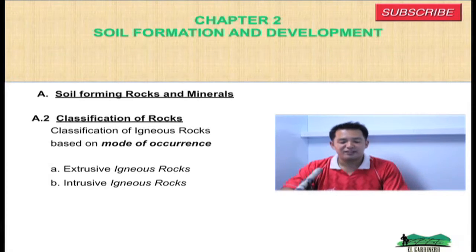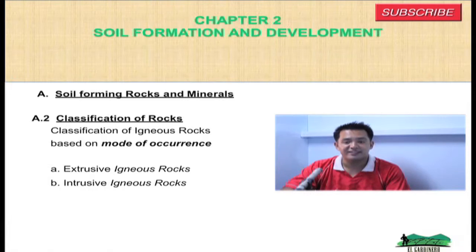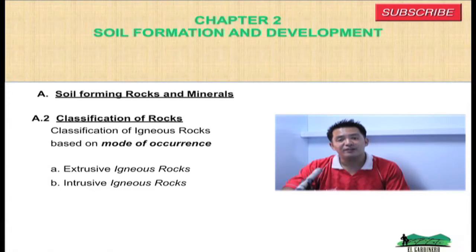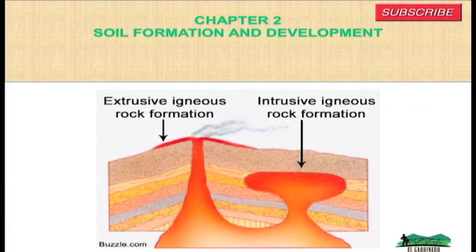Now, igneous rocks are classified based on the mode of occurrence. Okay, where do we find these rocks? That is what you call the mode of occurrence. Now we have 2 classifications. The first one is the extrusive igneous rock, and then the second one is the intrusive igneous rocks. How do they differ? I'm showing you a picture of the formation of extrusive igneous rock and the intrusive igneous rocks.